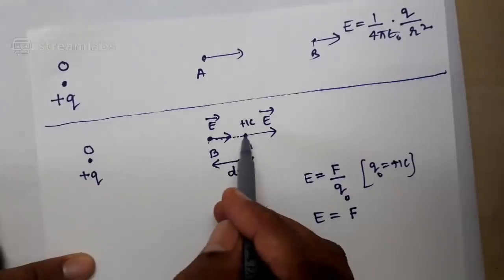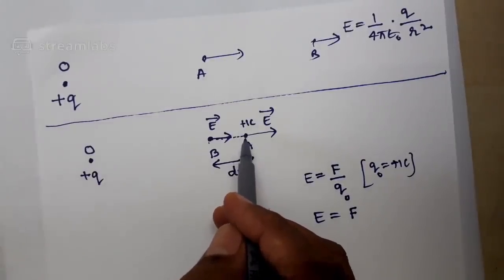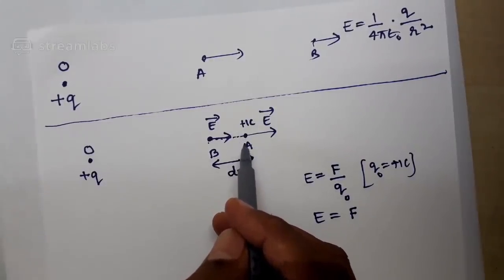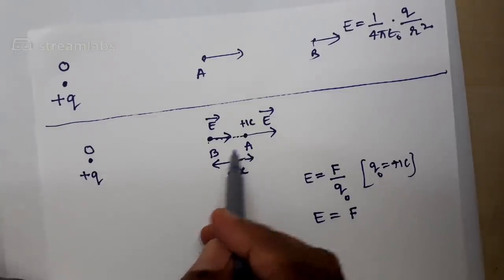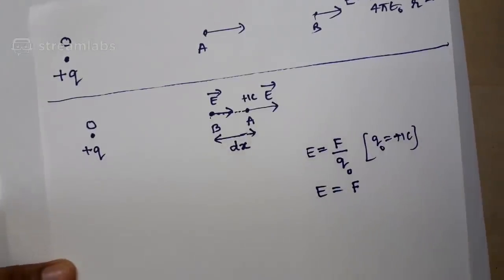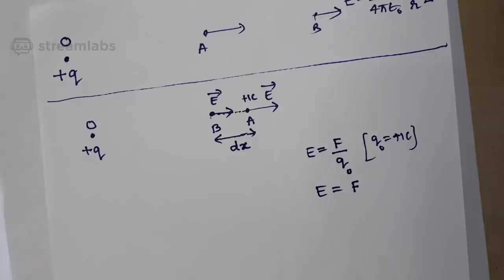Now let us assume that there is a plus 1 coulomb charge at point A. Now you are asked to move this plus 1 coulomb charge from A to B. When you are asked to move that plus 1 coulomb charge from A to B, don't you think there is some work done?